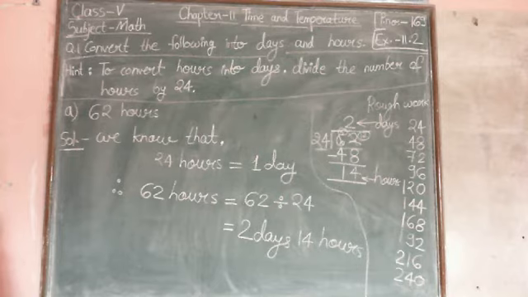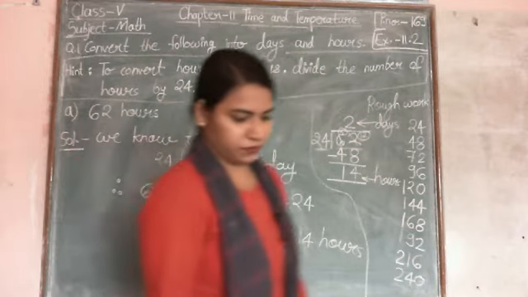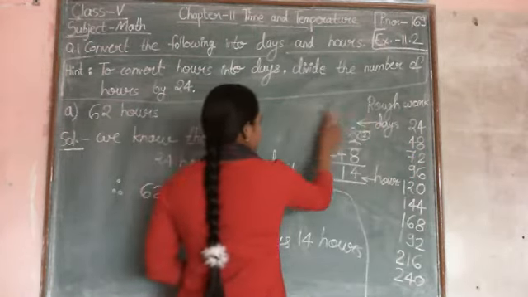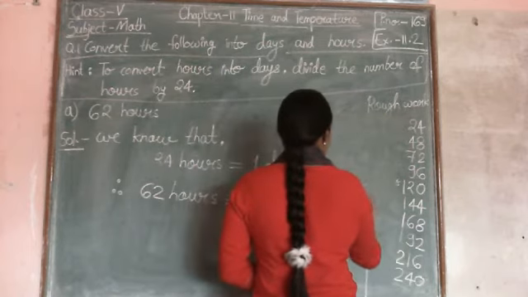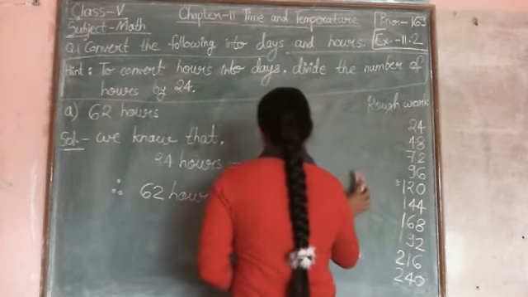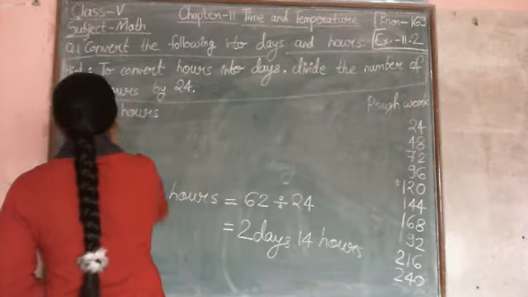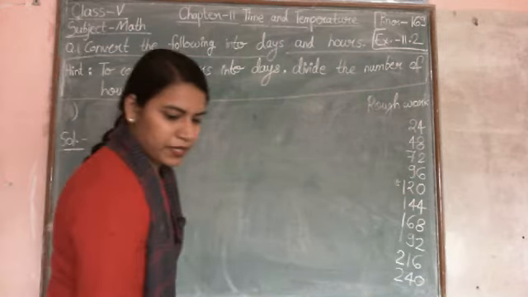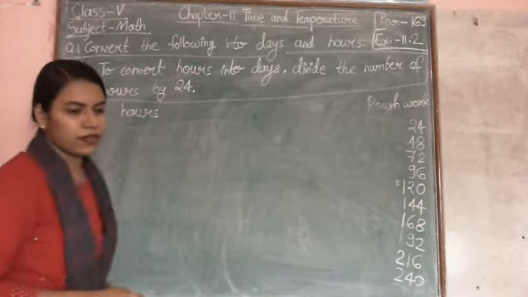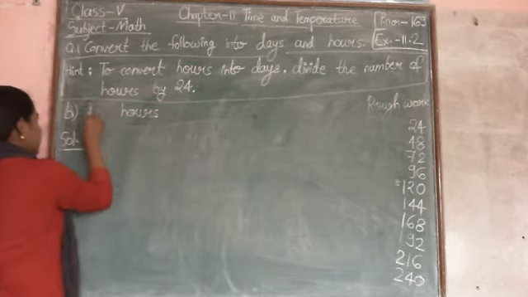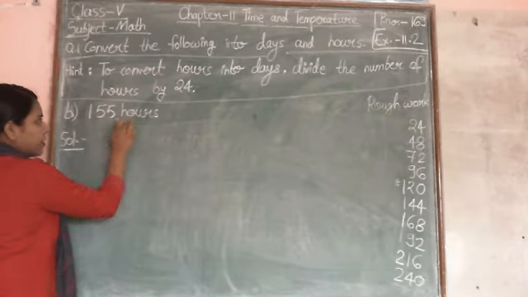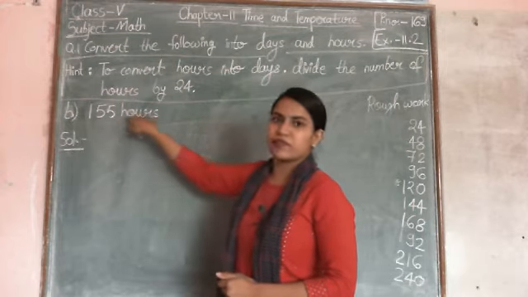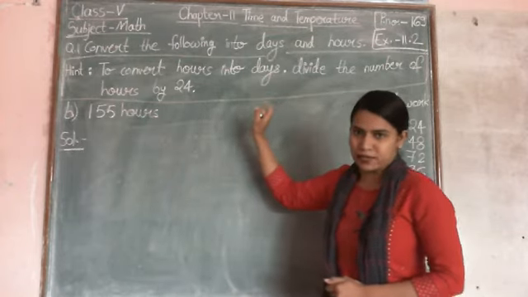Now the next question, part B. What is given? 155 hours are given, and our task is to convert 155 hours into days.